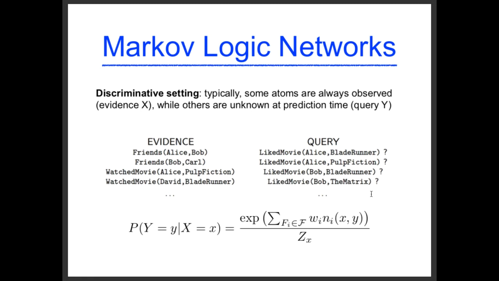In this case, there is nothing different. The only thing that changes is that you want to compute the conditional probability of Y given X, and this time you have the groundings not on world x, but on the pair x, y. So X is fixed, is observed, and you want to compute the probability of the query given the evidence.